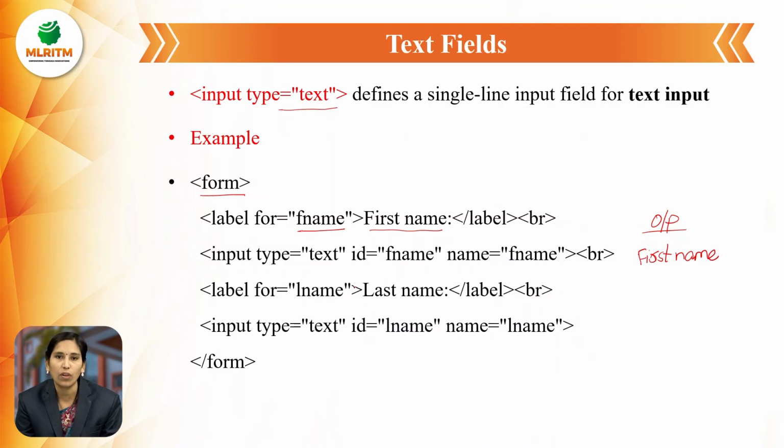We are using text boxes for giving input, so input type equals text, and id equals fname. Why are we giving this id? If we want to change the text field, for example give background colors, we use this identification id name. The same id name should be given for the label also. Then name equals fname.